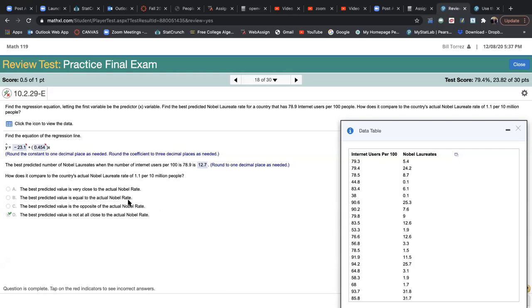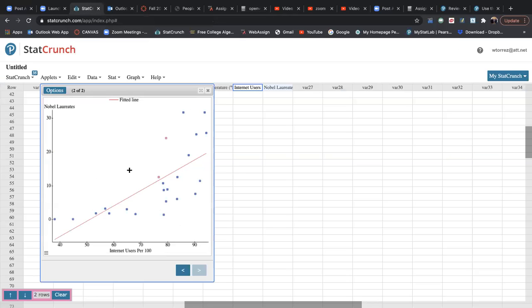Okay, and then finally, if we were to look at the scatter plot for the data, notice that in this problem we're looking at the number of internet users.